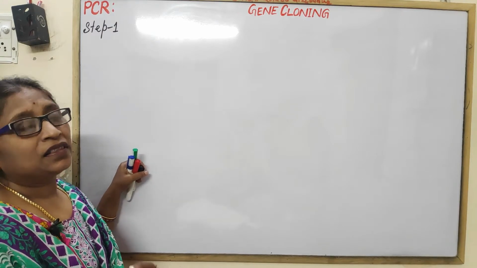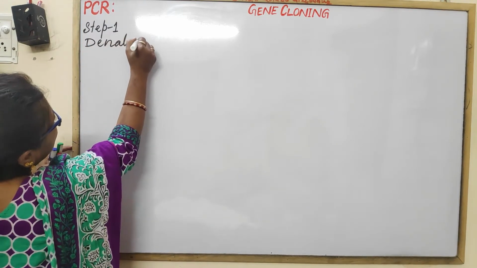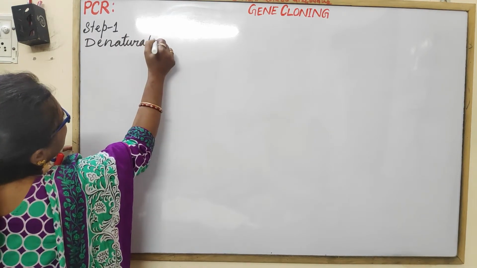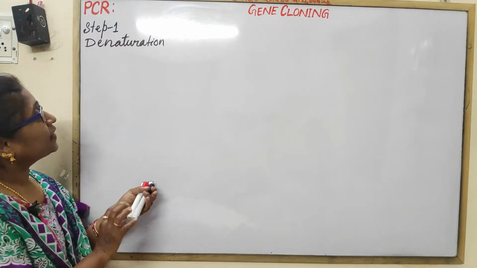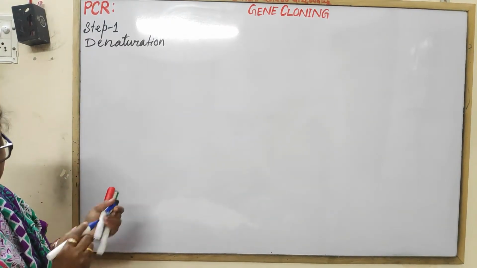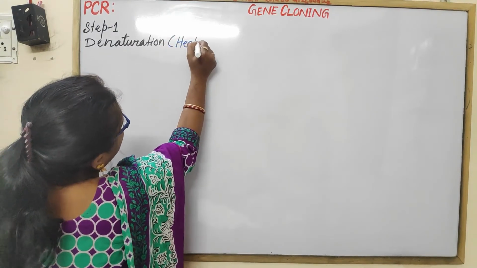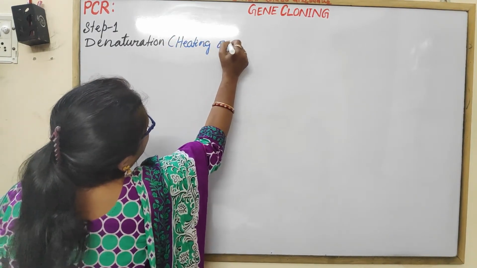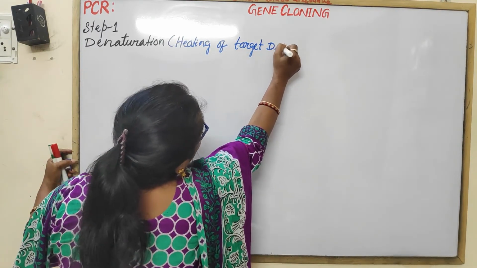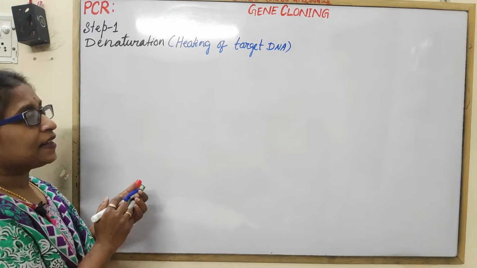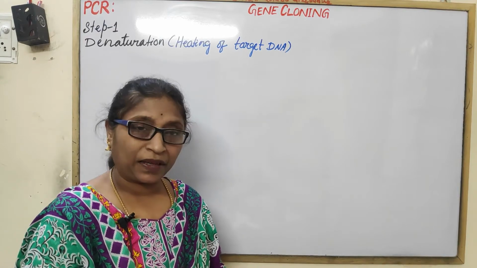Step 1, the denaturation. Denaturation is the heating of target DNA. The target DNA is heated to get the single strands of the DNA.